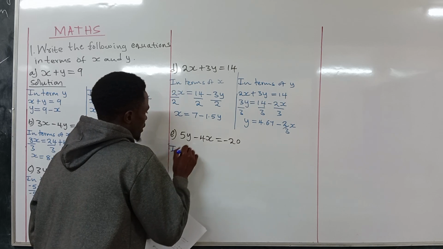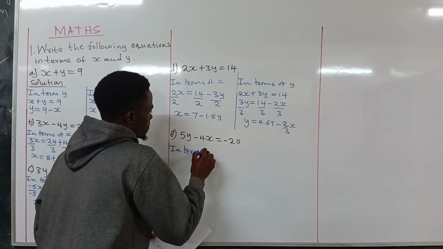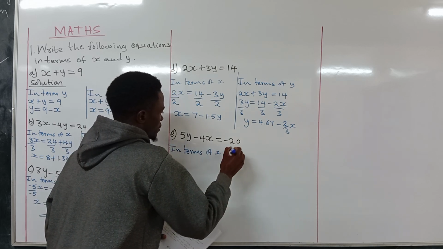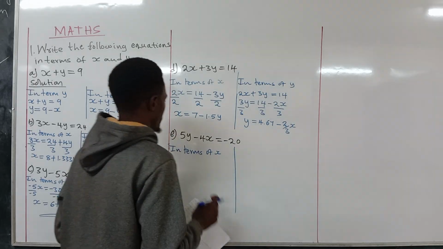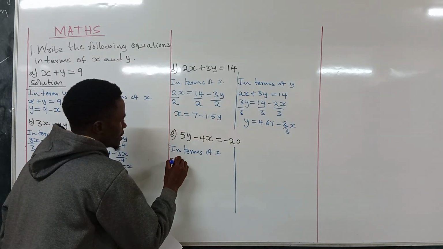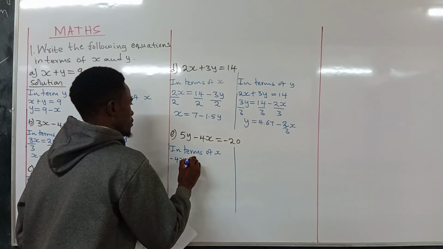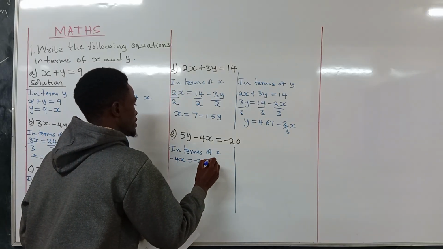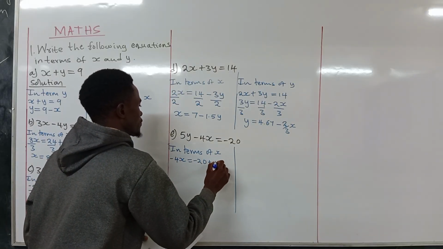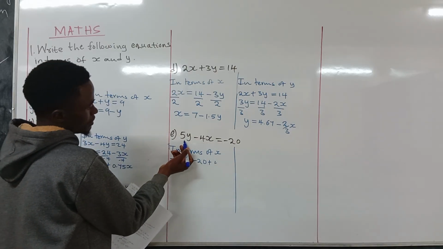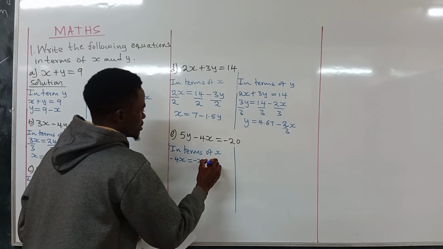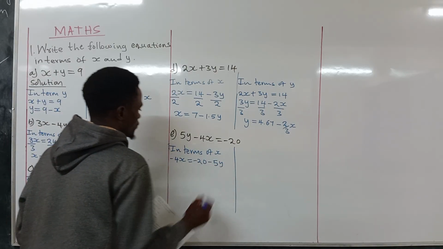So in terms of x, we have minus 4x is equal to minus 20 plus 5... No, it's going to be minus 5y because it's positive.